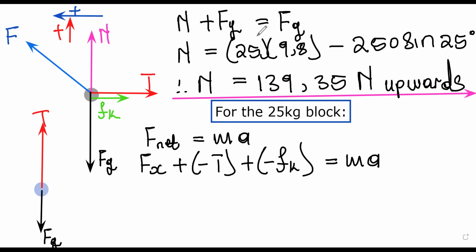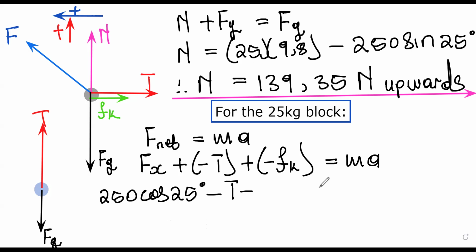So let's go. We know the applied force. It's given to us as 250 newtons. But we want to find the horizontal component of this applied force. The tension force is not given to us. The kinetic frictional force is also not given to us. But they gave us the coefficient of kinetic friction. That's what they did.